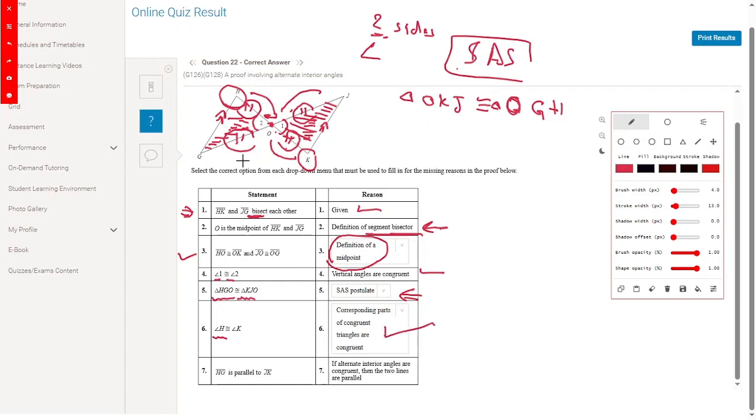So HJ will be parallel to GK, because I got that these angles are equal.